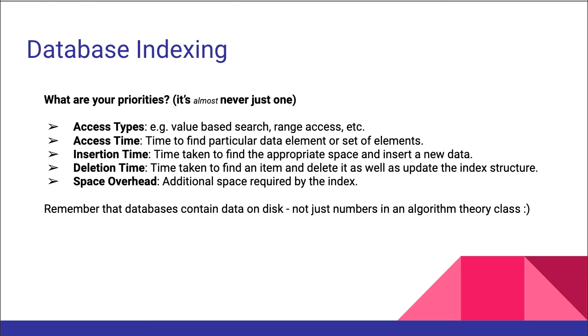So if you're just searching, you have access time. So how long does it take to find something? But there's also access types, right? Are you searching for a range of dates instead of just a single date? Are you searching for certain kinds of images?